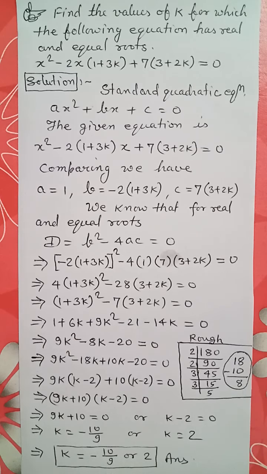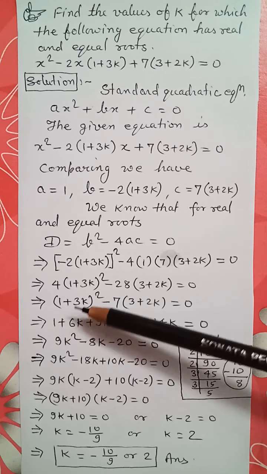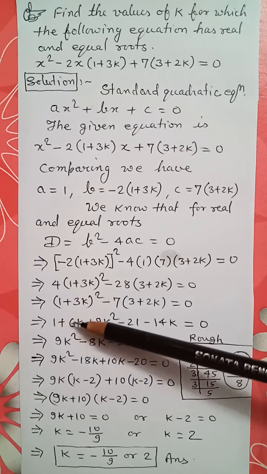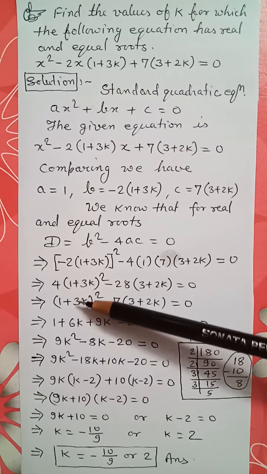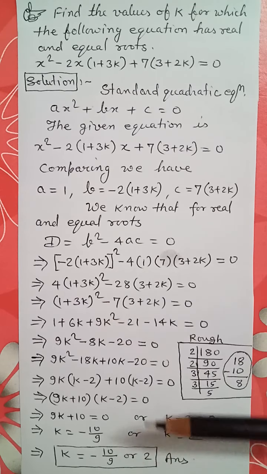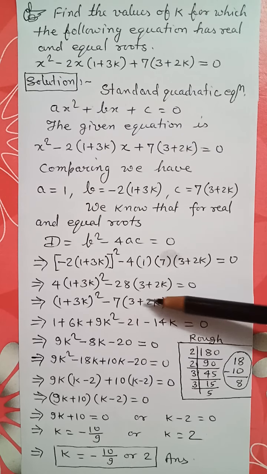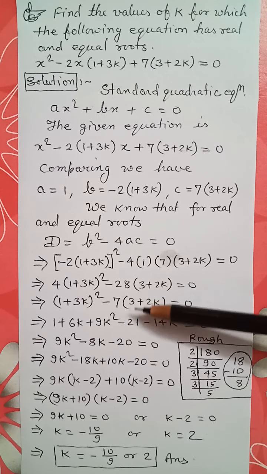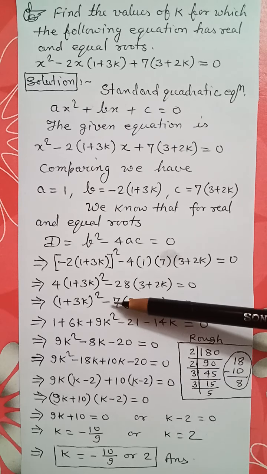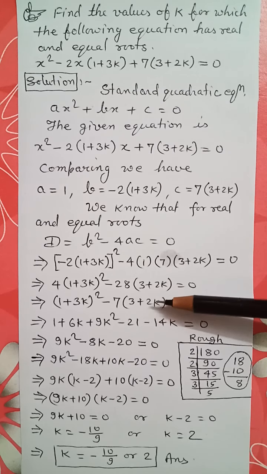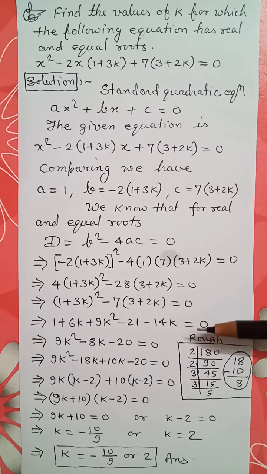This implies 1 plus 2ab, that is 2 times 3, 6k, plus b square, that is 9k square. Here we are multiplying 7 times 3, minus 21, and minus 7 times 2k, that is minus 14k, this is equal to 0.